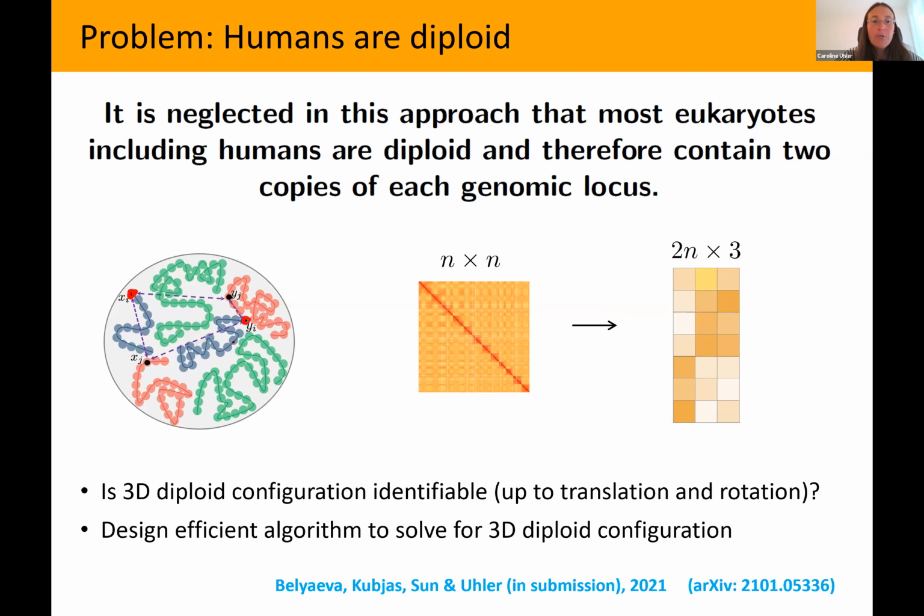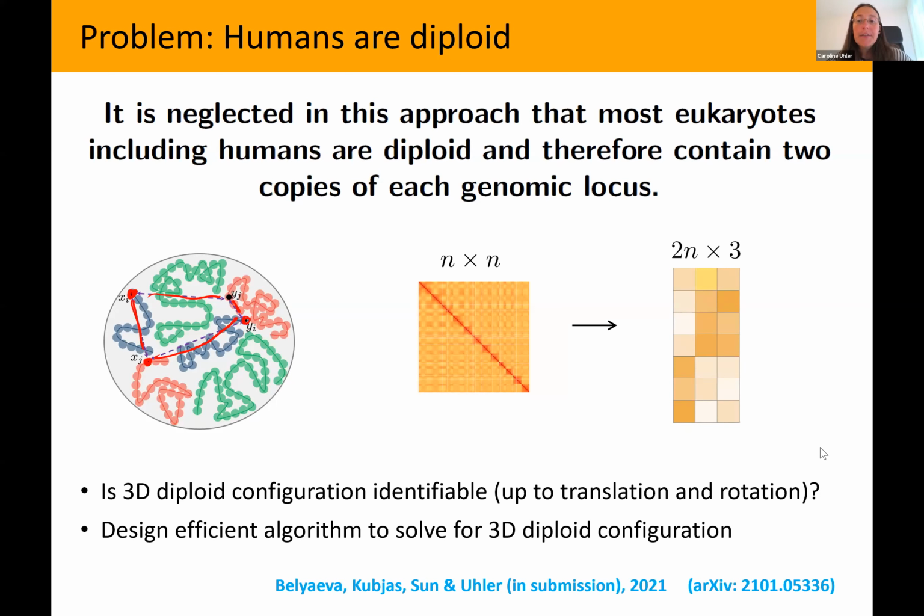Okay, so you do get this distance between point i and point j, but the problem is that I have 2 copies of point j and 2 copies of point i, right? So really what I get to measure is this plus this plus this plus this. So you have really 2n endpoints, but I have only distances between n choose 2 points.